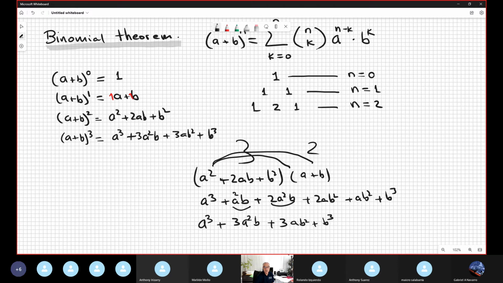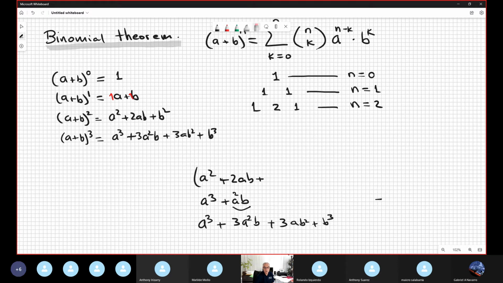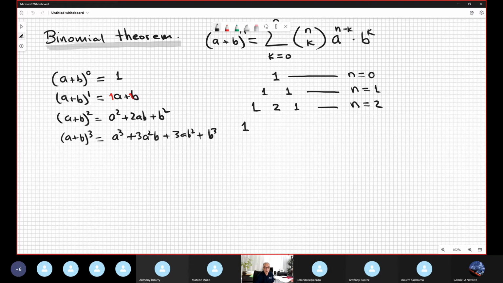I copied the coefficients again here. Look. The coefficients are 1, 3, 3, and 1. Do you see? This is for n equal 3.